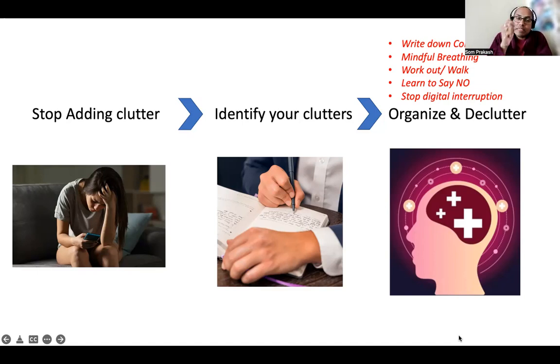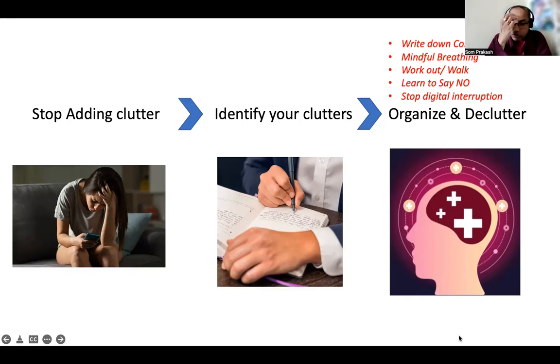This is where the most important tool, or part of the process, comes in: journaling, or writing it down. When you are feeling depressed or inadequate, that is a feeling. You identify that feeling, and right away you go and write it down.